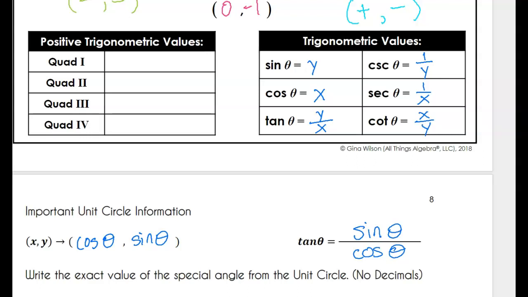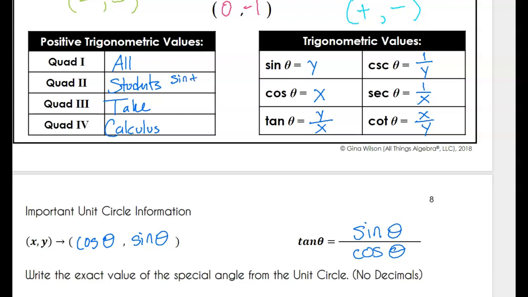And then you can also know which trig values are positive in certain quadrants by memorizing the acronym: All Students Take Calculus. What this means is all trig functions are positive in quadrant 1.